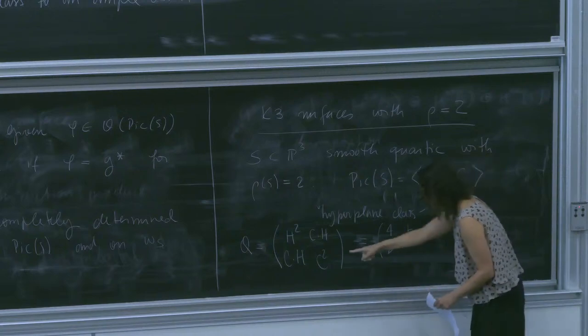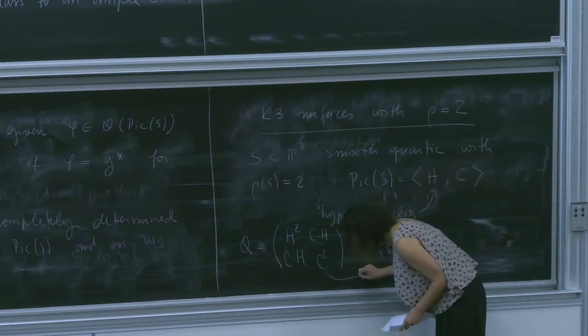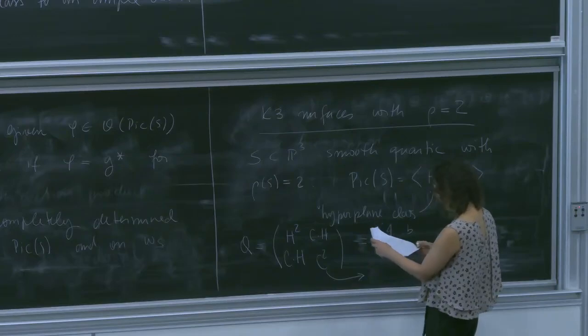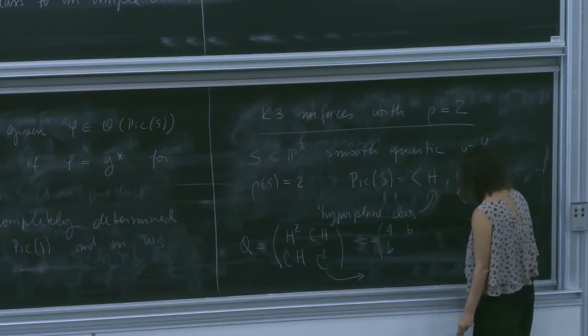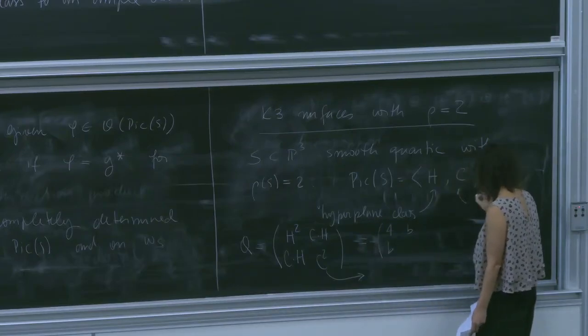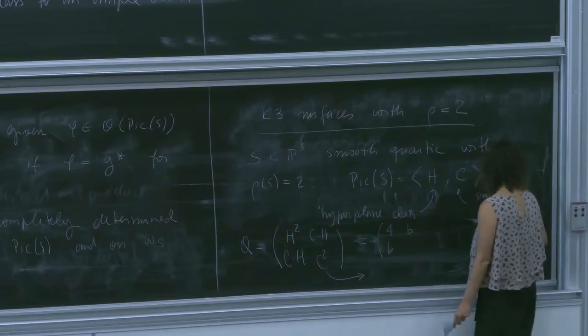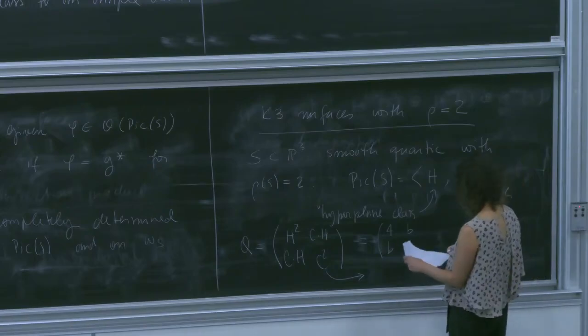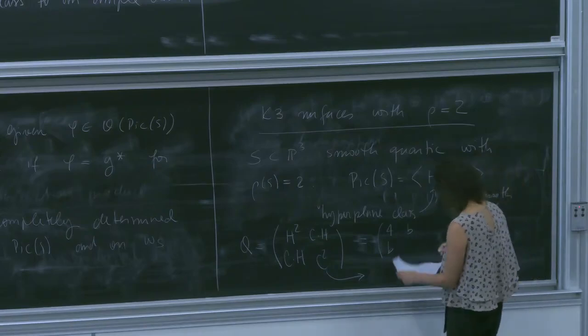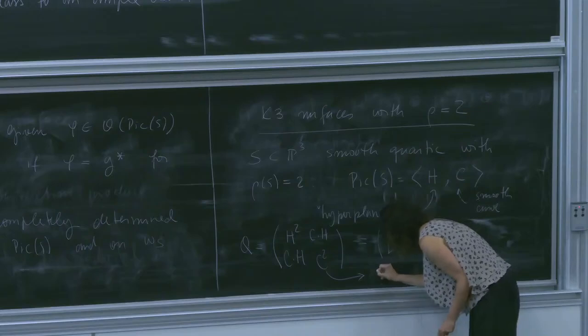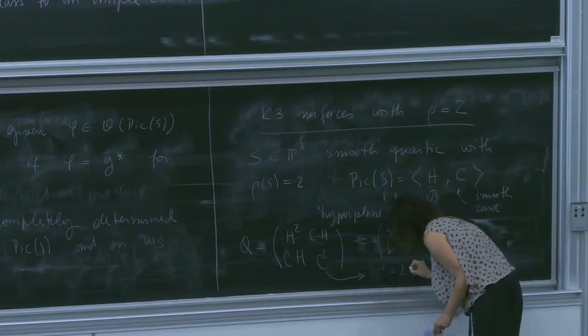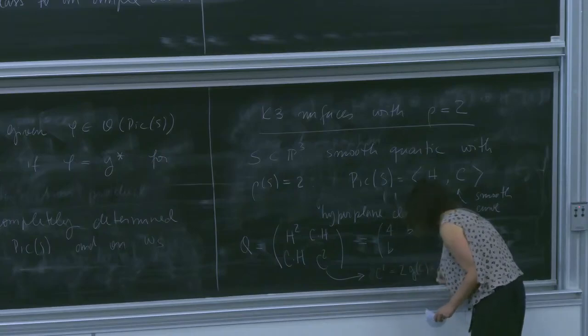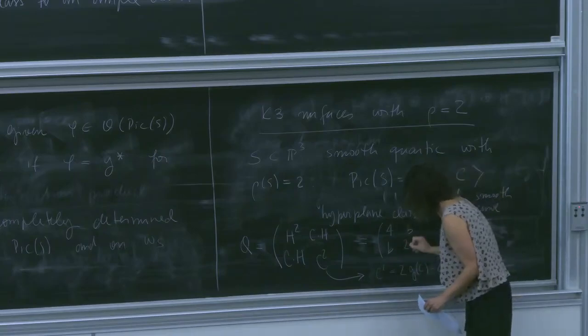I know that C square, if C is a smooth curve, I can always take it to be a smooth curve, then C square is just 2 times the genus minus 2. So this is always an even number.